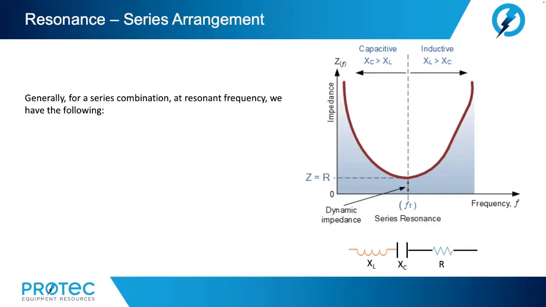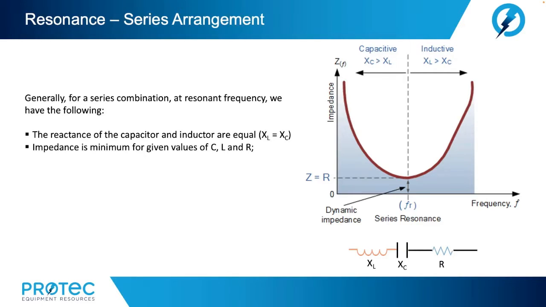Now, generally for a series combination at resonant frequency, we have the following. The reactance of the capacitor and inductor are equal. Impedance is minimum for given values of capacitance, inductance, and resistance. The impedance of the circuit is equal to the resistance of the circuit.